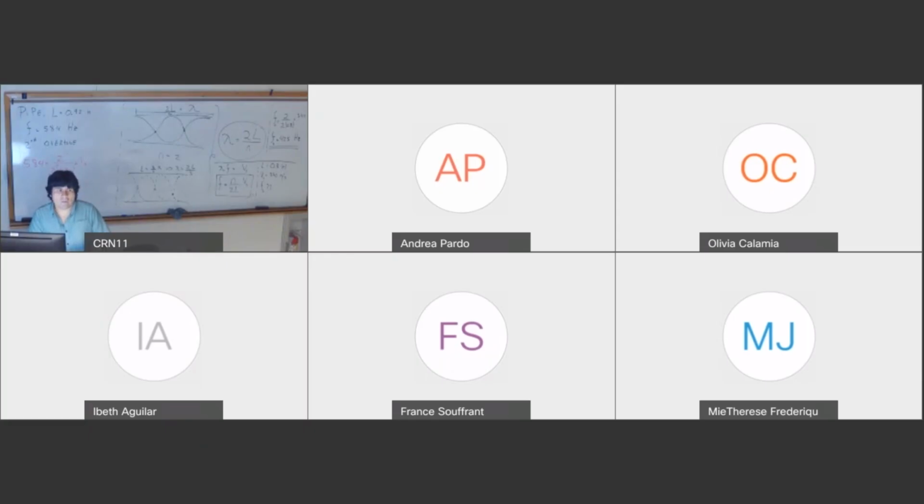Oh, second overtone can be n equals 3, times 2 times 0.92 divided by 3. For some reason they're expecting n equals 3. Why is that? What happens in n equals 3?